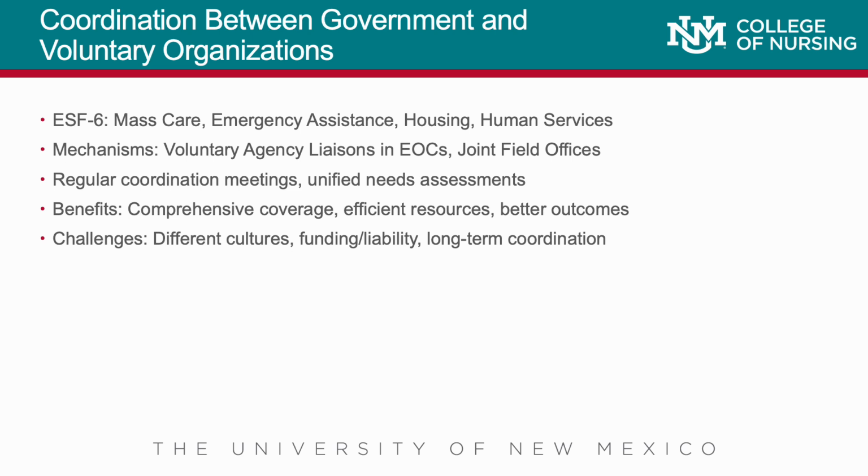During a disaster, the EOC is the physical or virtual location where government officials and key partners gather to coordinate the response. Most EOCs have a volunteer liaison, or a VOAD seat, where a representative from the volunteer sector sits side by side with the government decision makers. This ensures that if a local shelter needs more food, the government can immediately ask the VOAD partners who have the capacity to provide it.